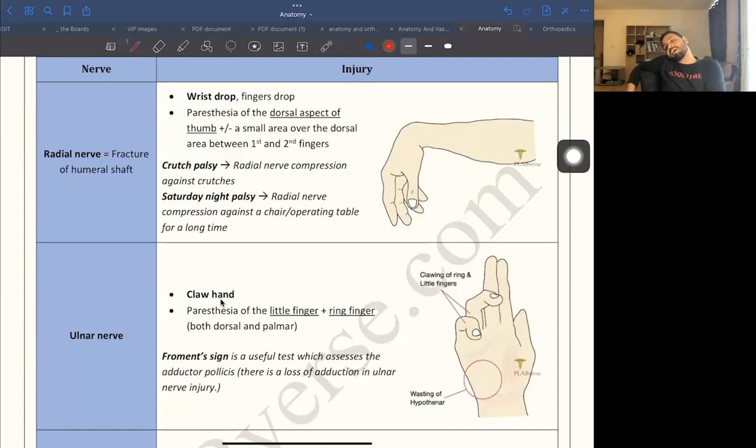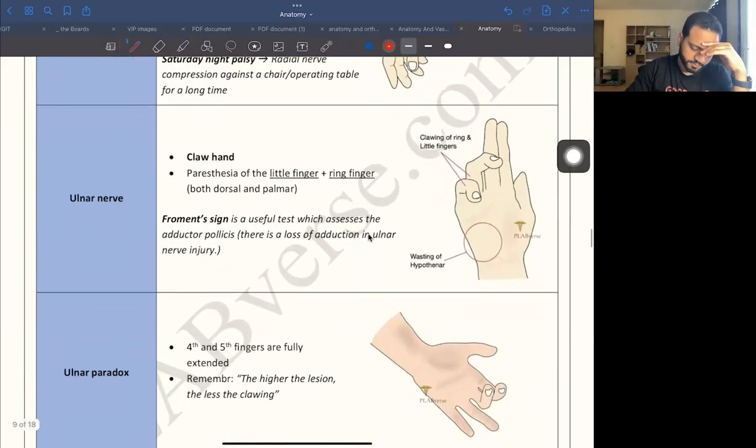When people sleep like that after drinking so much, they injure the radial nerve and will have Saturday night palsy. All right. So these are the injuries of the radial nerve. Always remember wrist drop and loss of sensation, Saturday night palsy, and crutch palsy.